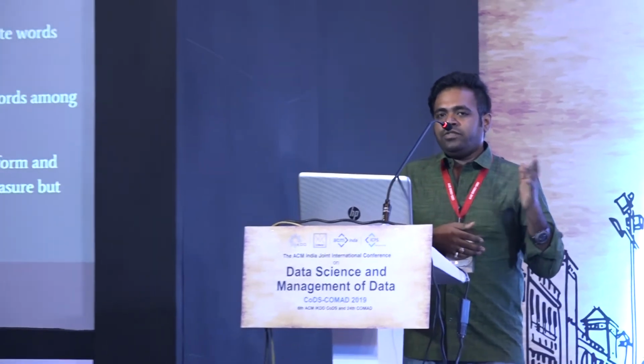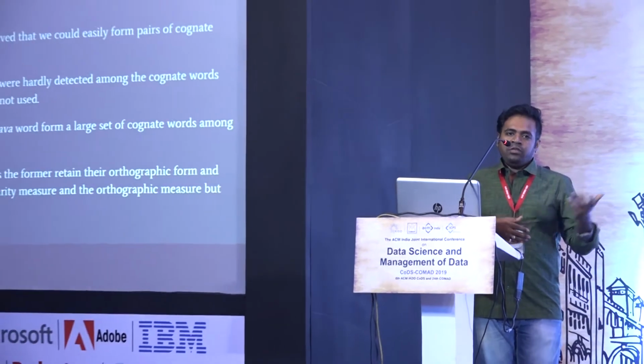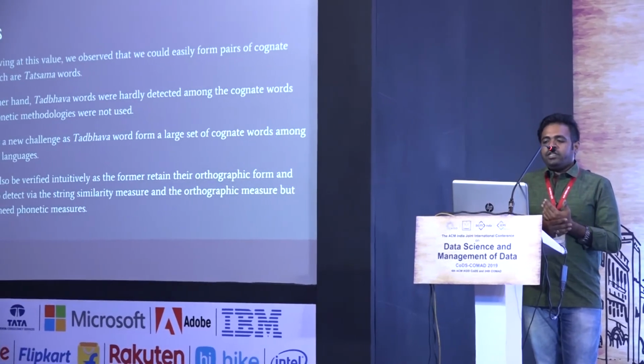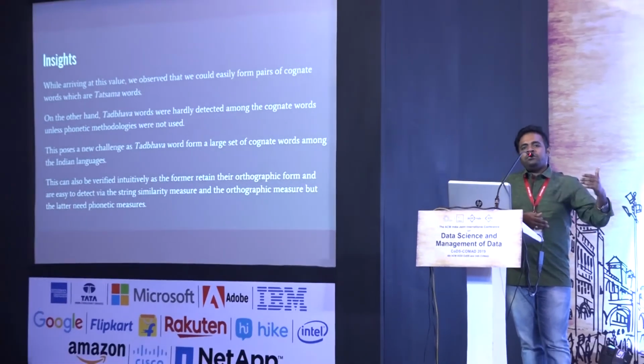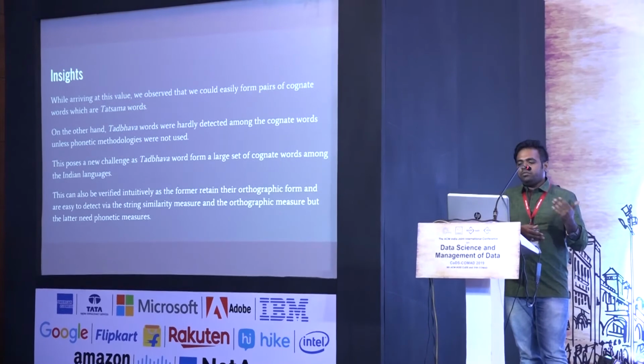Some important insights after this work: because we only tried orthographic similarity based measures, or string similarity based measures, we found that we could easily detect the category of tatsama words. We manually gave the output to lexicographers, and they identified for us which pairs of words are tatsama words and which are tadbhava words.